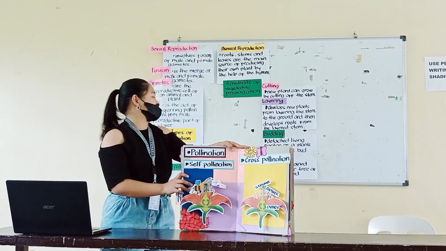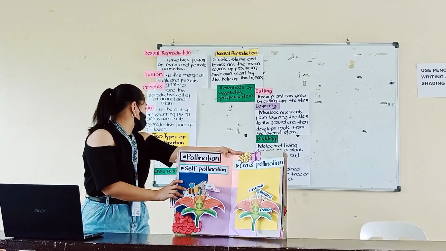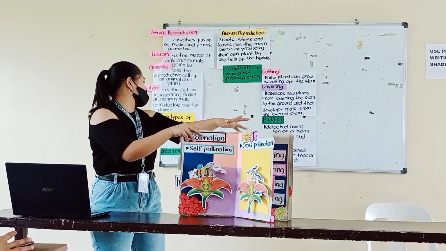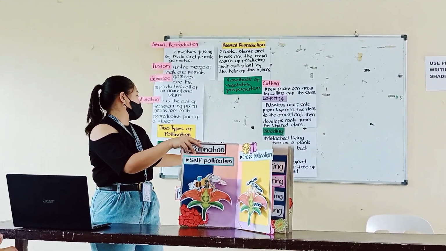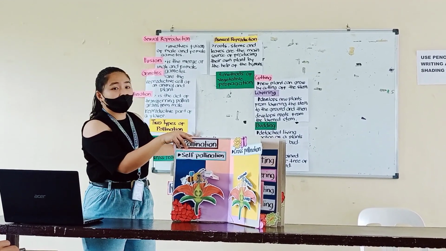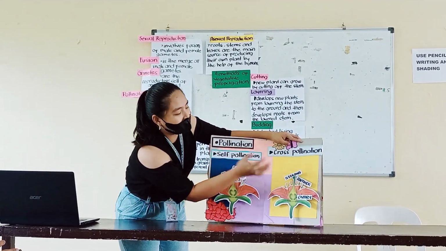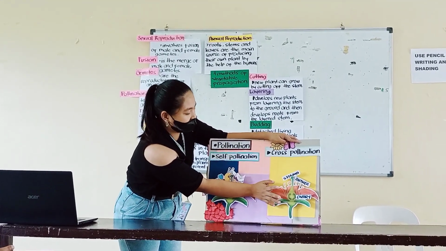Pollination is classified as self-pollination and cross-pollination. First, self-pollination is the transferring of pollen grains within the same plant. For example, this is self-pollination.